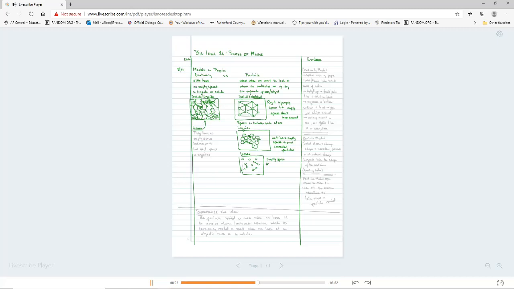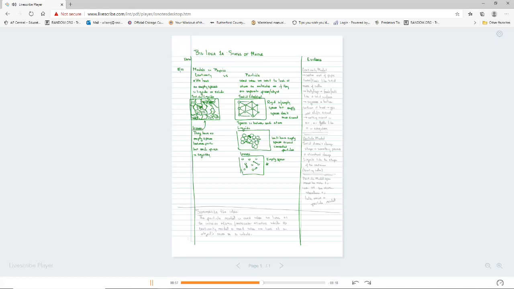Gases, the way we're going to think about them is they have no empty spaces between parts, but each piece is, and this is not a technical term, squishy.